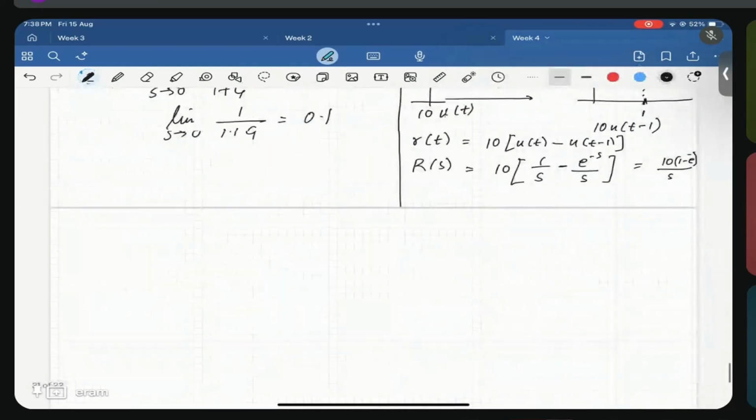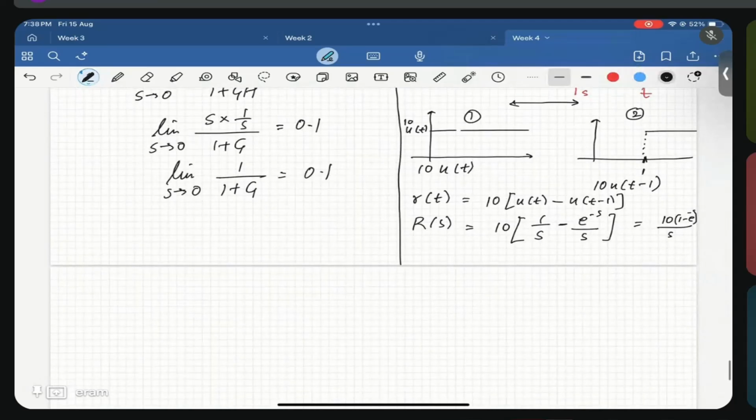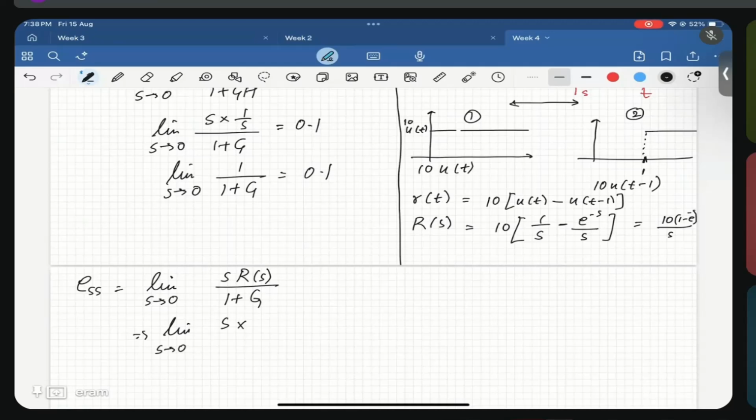We have the new input with the same system. Again, steady state error will be limit s tends to 0 of s R(s) by 1 plus G. G is the same as it was previously. So limit s tends to 0, and R(s) is 10 by s times 1 minus e to the power minus s, and 1 plus G. Okay.